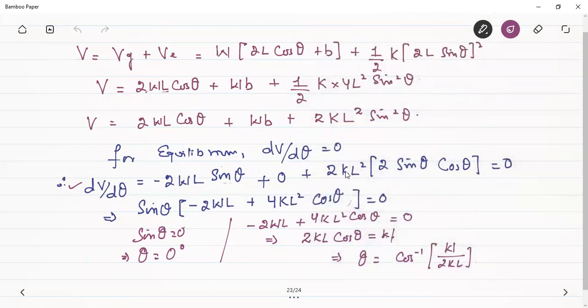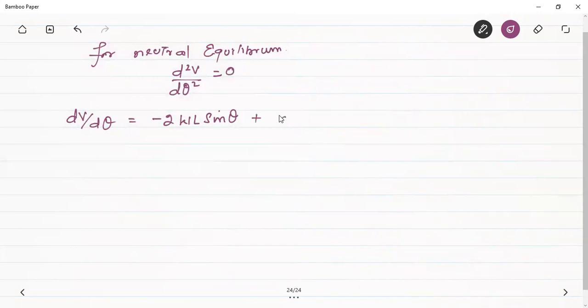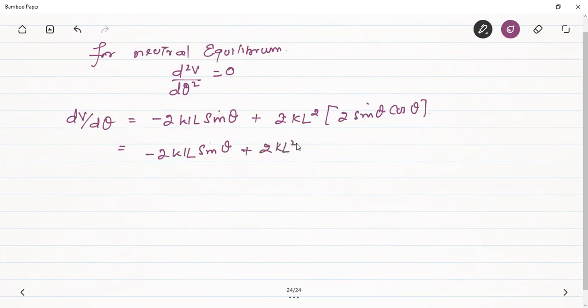Minus 2wl sine theta plus 2kl square, in brackets we have twice sine theta cos theta, and in place of twice sine theta cos theta we can write sine 2 theta.